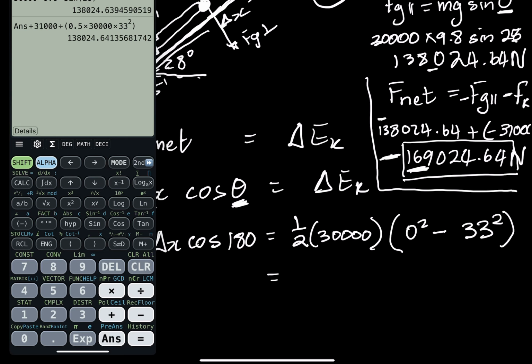So that's the value that I got. But remember, maybe let me just start over. So that's 0.5 times 30,000. Sorry, that's 15,000, right?